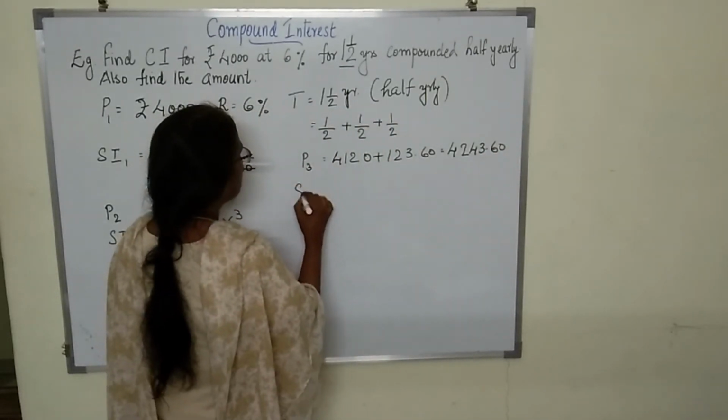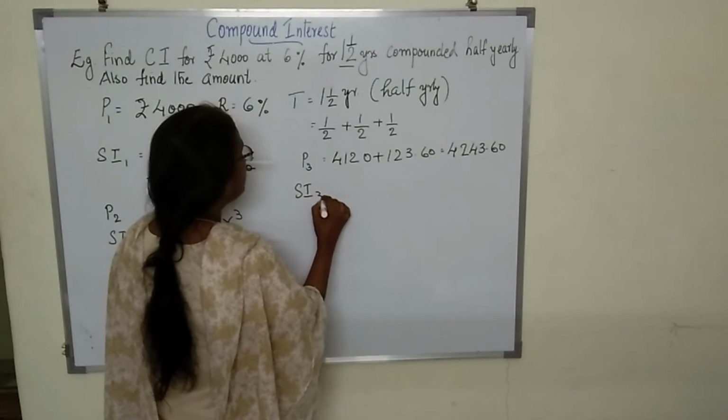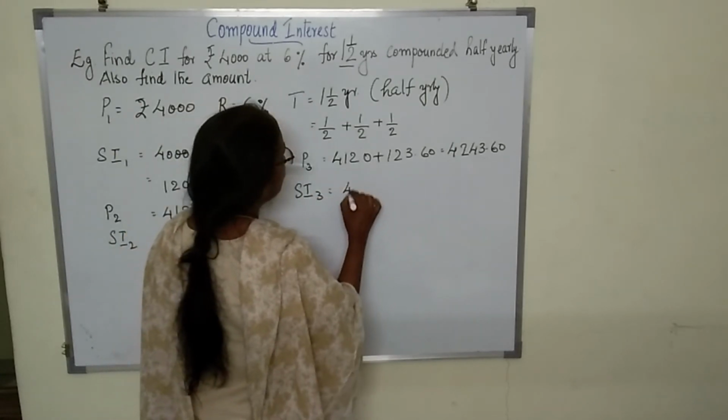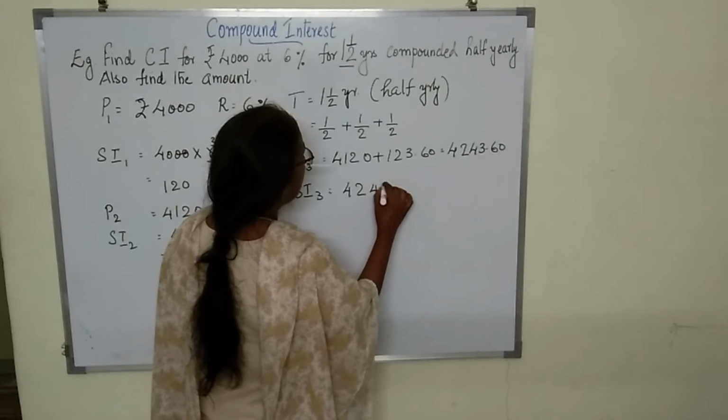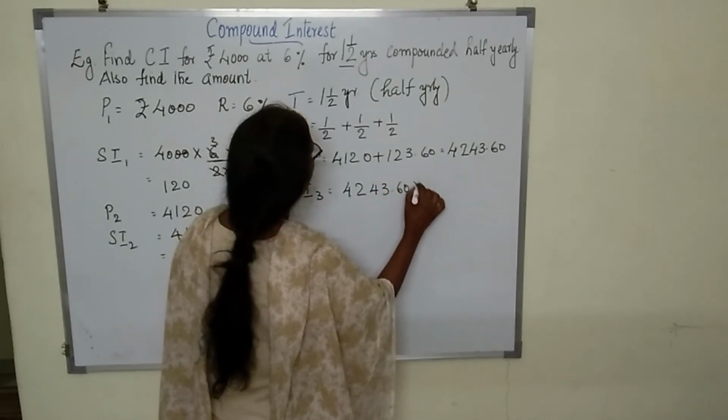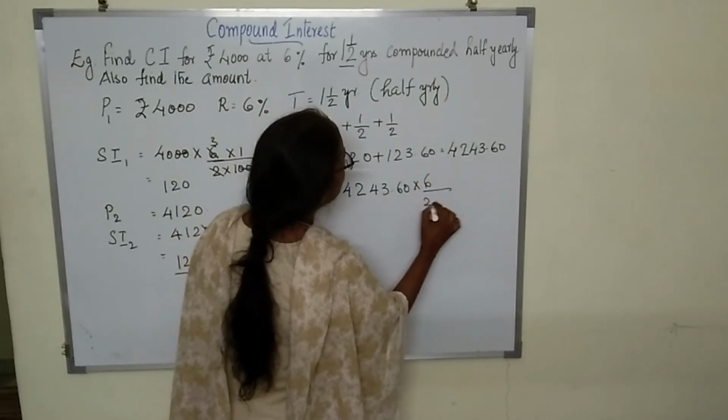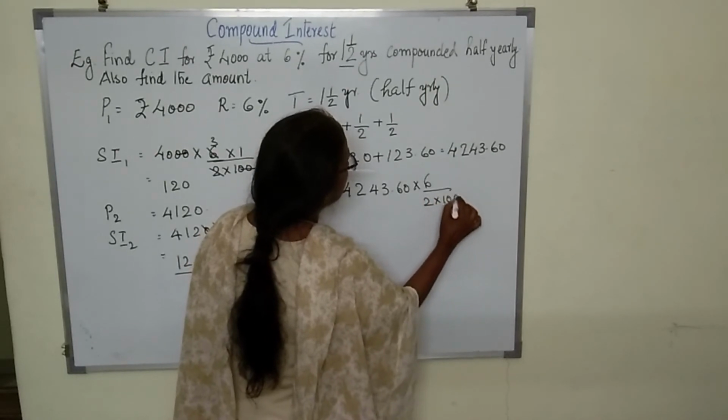So SI3 will be equal to 4243.60 into 6 upon 2 into 100.